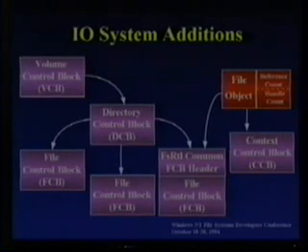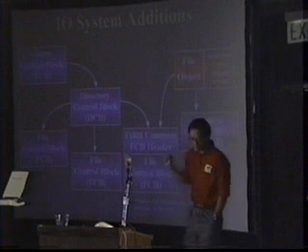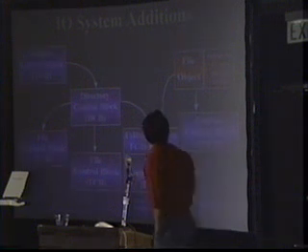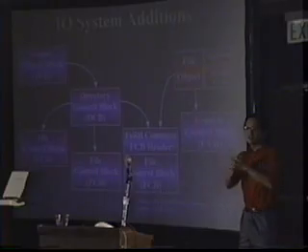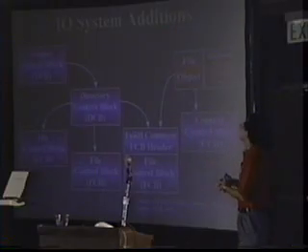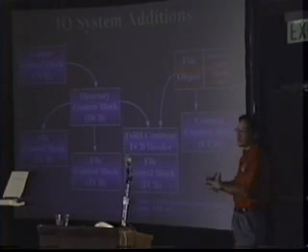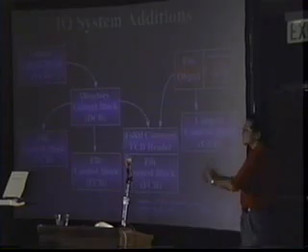Now, given that you have this structure that mimics the file structure on disk, we have to tie it into the actual I/O system when a user wants to make a request. We do that using file objects. From the file system's viewpoint, a file object is just some object that the user uses to identify an open file or open directory.